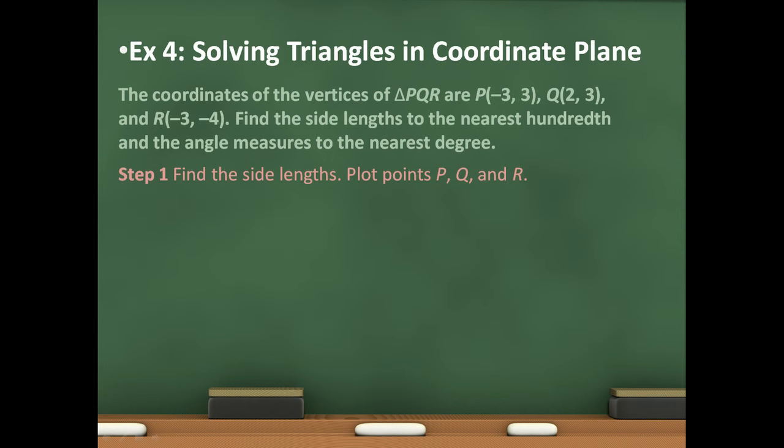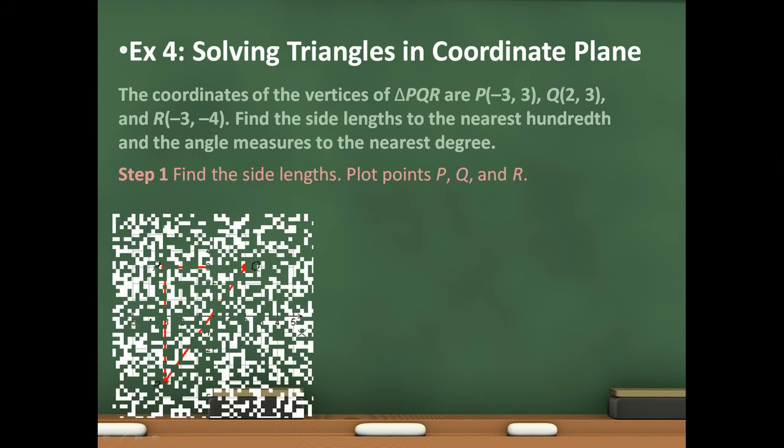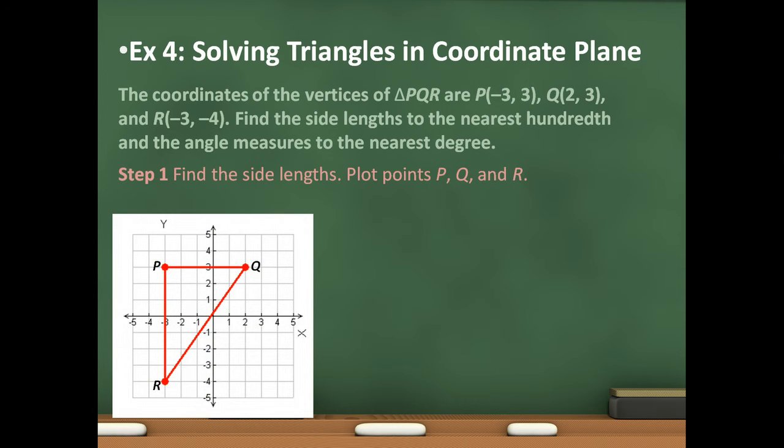Let's solve another one in the coordinate plane this time. The coordinates of the vertices of triangle PQR are P at negative 3, 3, Q at 2, 3, and R at negative 3, negative 4. Let's find the side lengths to the nearest hundredth and the angle measures to the nearest degree. Step 1, we're going to find the side lengths. We'll plot the points P, Q, and R like this.